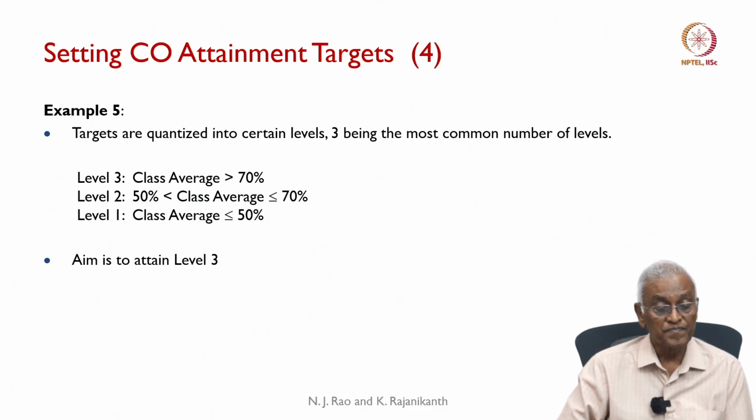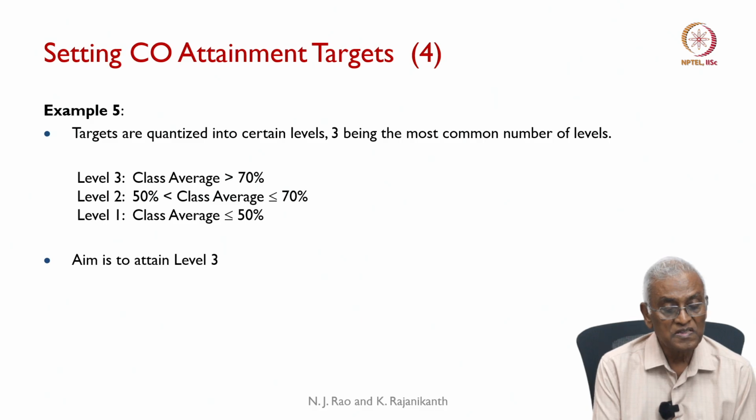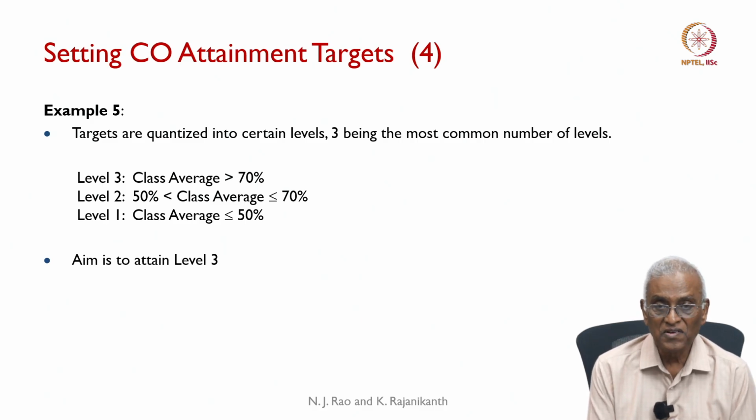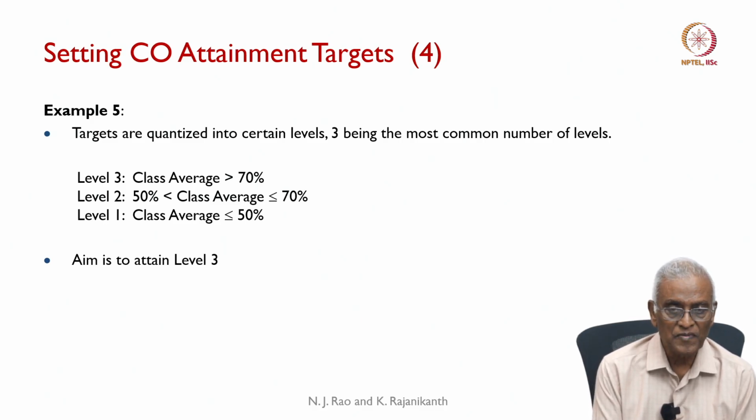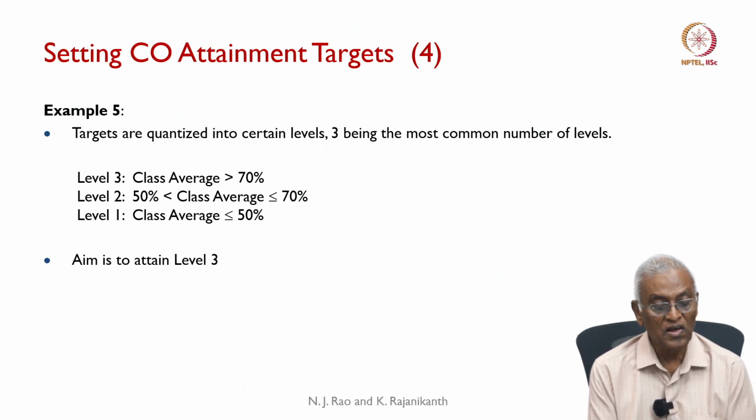Another example, another way of setting targets, is to quantize. Whenever you quantize something, you lose information. Instead of percentage, now you say level 3. If the class average is greater than 70%, I call it level 3 achievement.